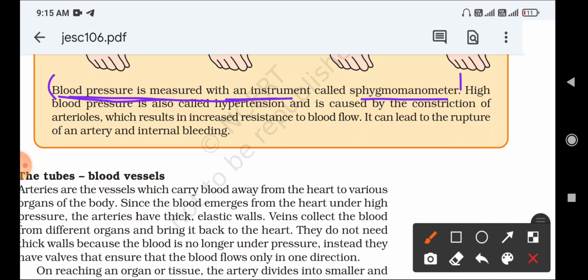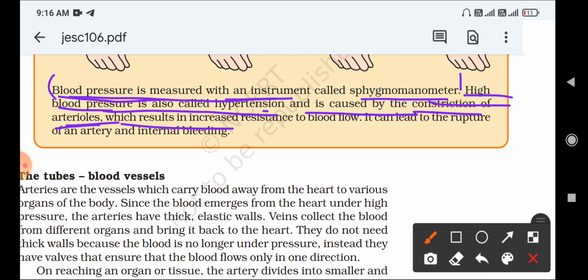High blood pressure is also called hypertension, and it is caused by the contraction of arterioles. The hypertension is caused by the contraction of arterioles, which results in increasing resistance to blood flow.